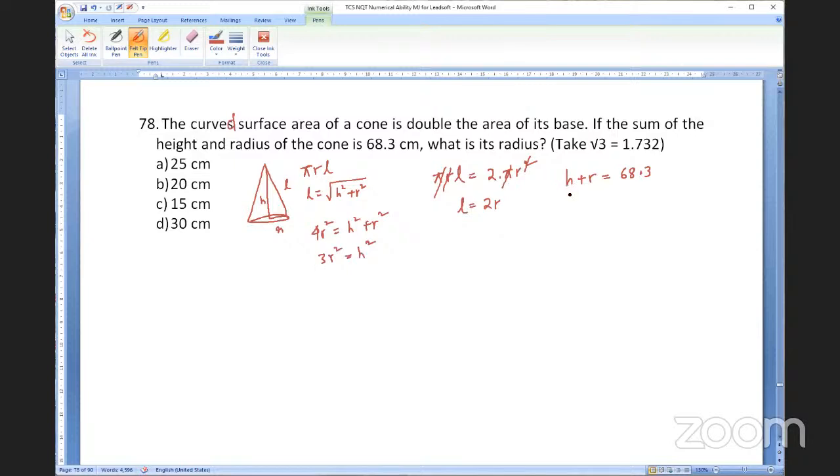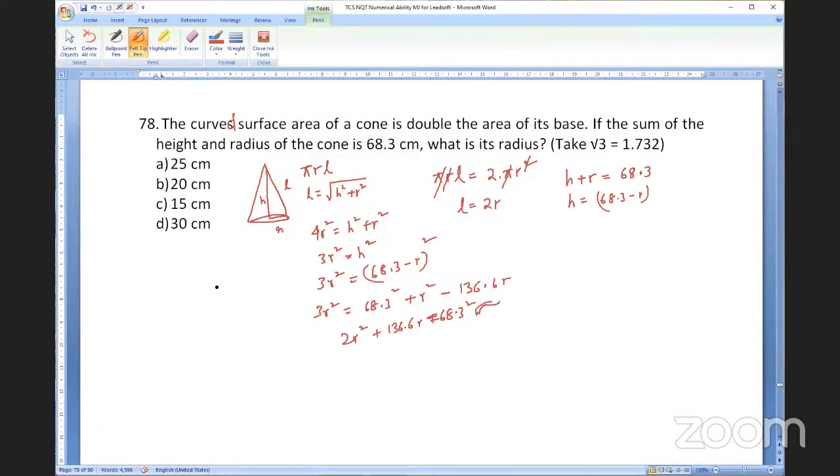Since h is 68.3 minus r, if I substitute here, we'll get 3r square equals (68.3 minus r) whole square. Let's do it. We end up getting an unnecessary quadratic equation.